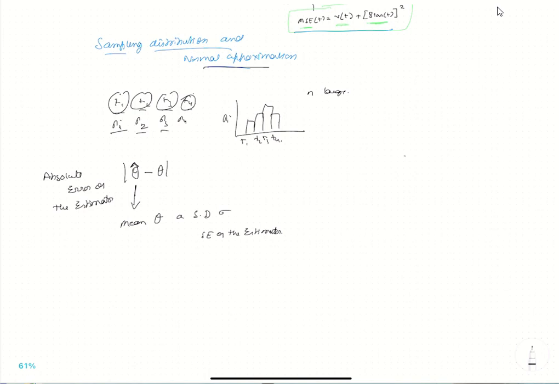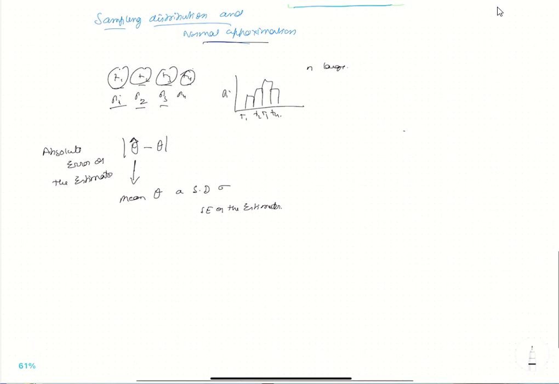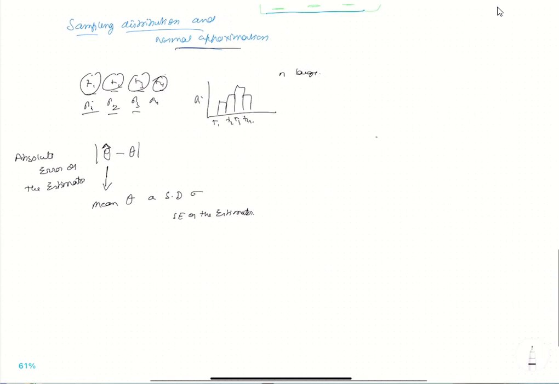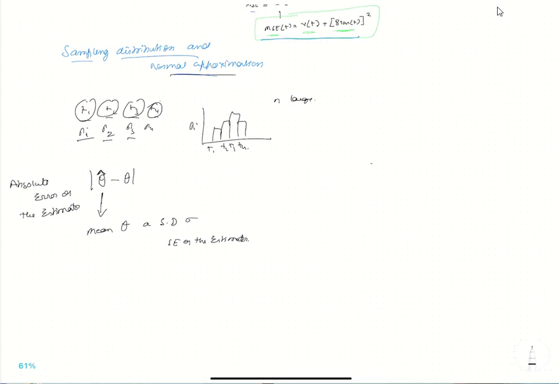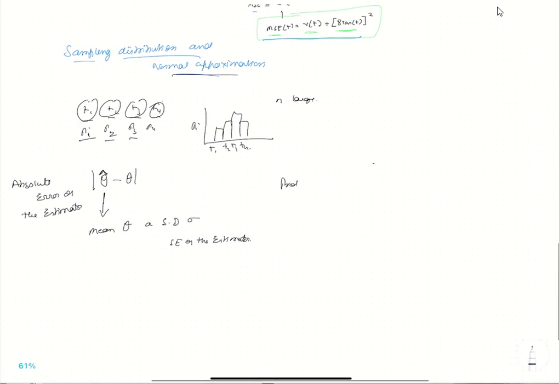Now if theta hat is normally distributed, then we can get the following probabilities about the absolute error from the properties of the normal distribution. The probability that |theta hat minus theta| is greater than or equal to one standard deviation sigma, which is the standard error of the estimator, is going to be 0.32.